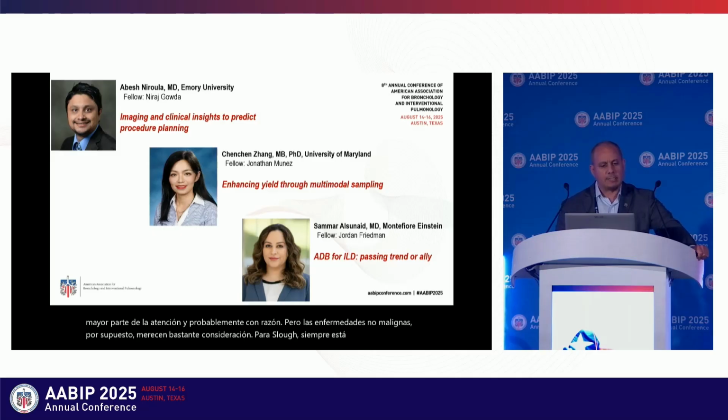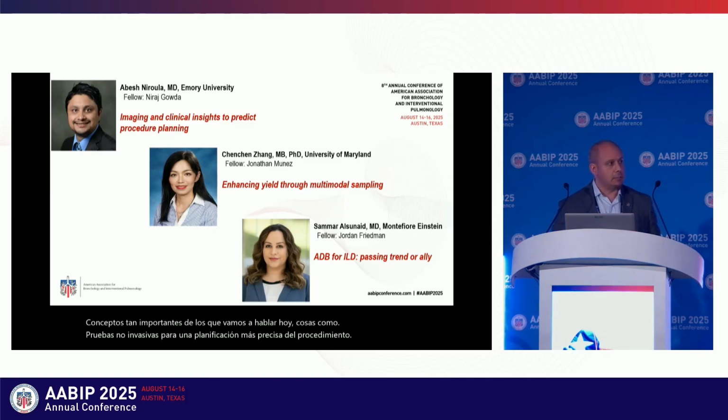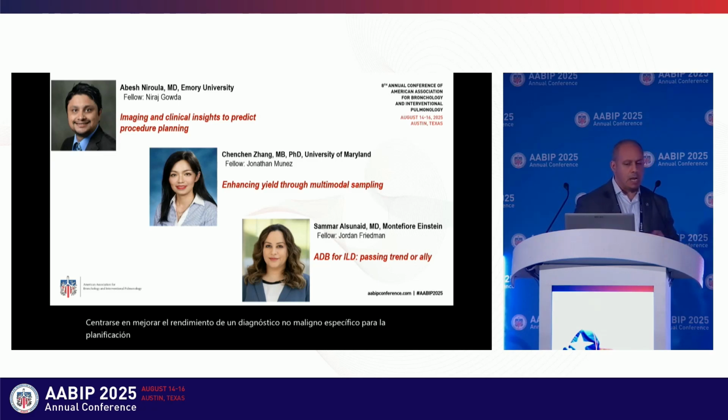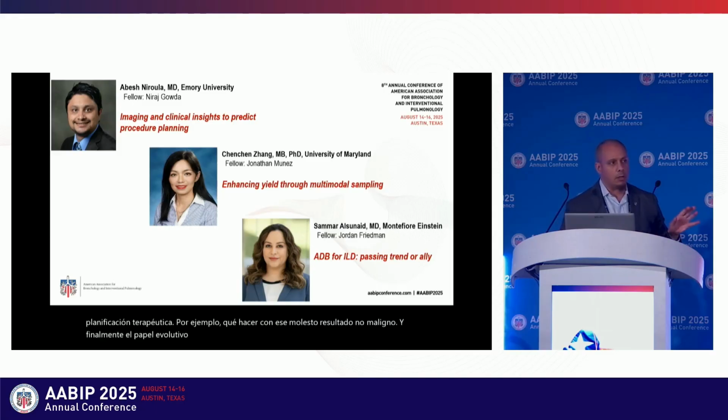So important concepts that we're going to talk about today are things like leveraging non-invasive testing for more precise procedure planning, focusing on enhancing the yield of a specific non-malignant diagnosis for therapeutic planning, for example, what to do with that pesky non-malignant result. And then finally, the evolving role of ADB for diffuse lung disease. These are all concepts that we're going to be talking about today.